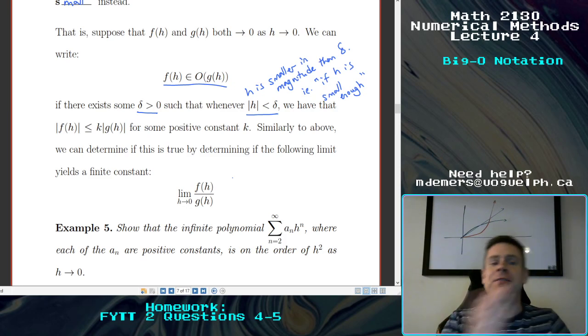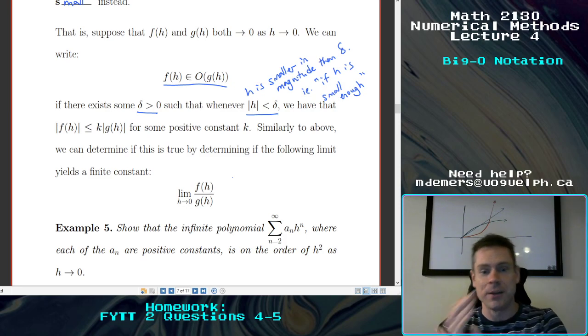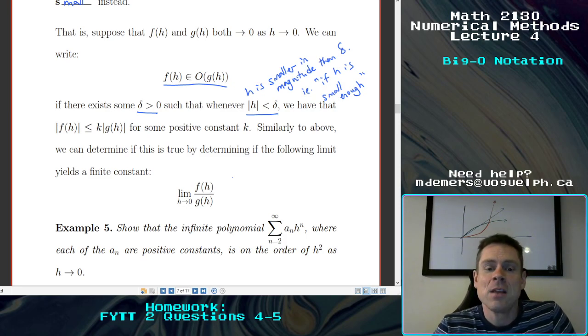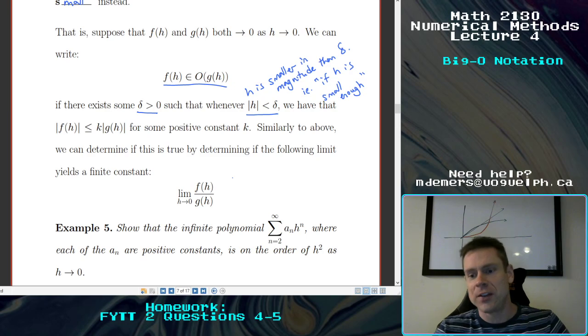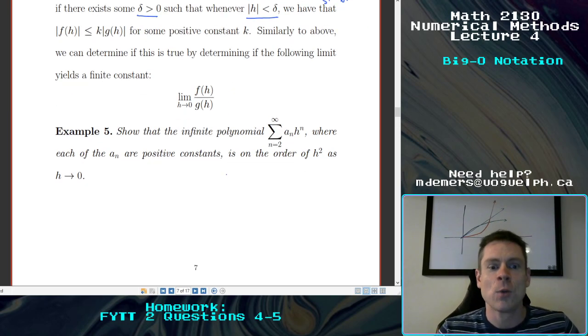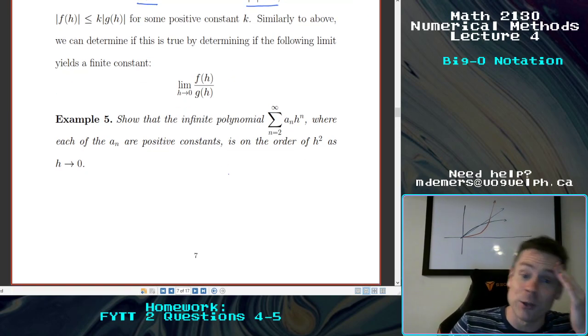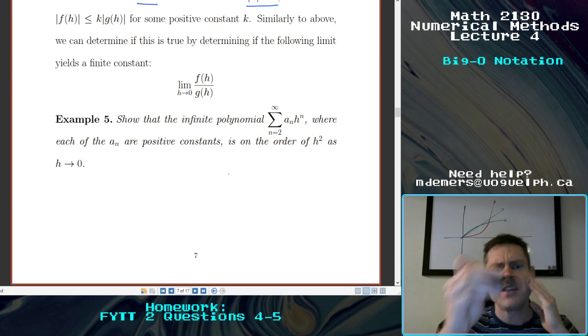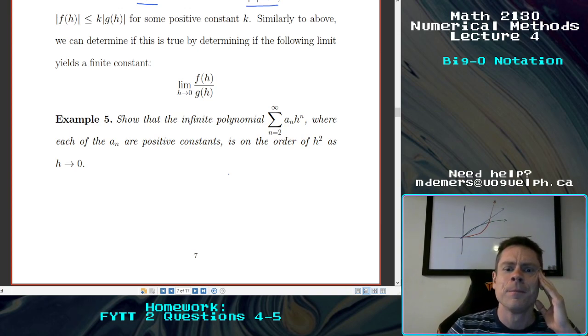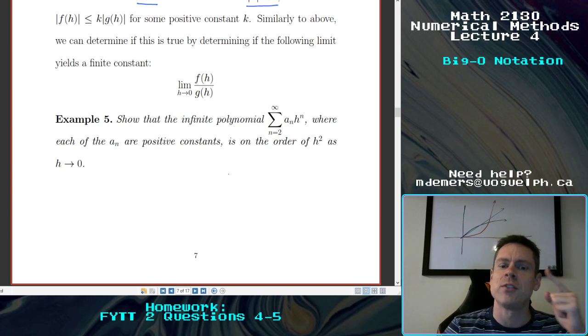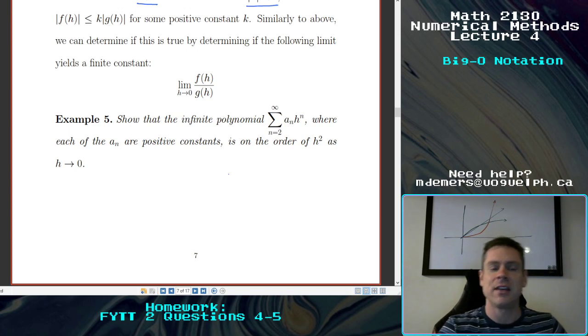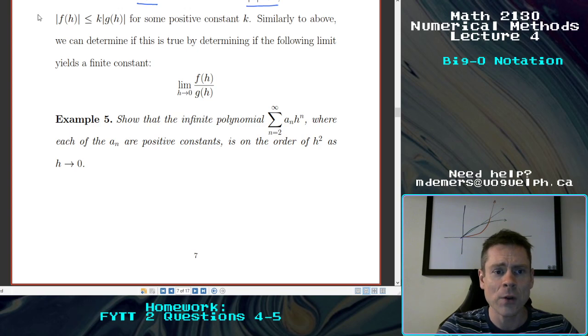And that's when you have that f is on the order of g. Okay, so really similar justifications, but a little bit different. We're going to show that the infinite polynomial right here, each of the a_n here are positive constants. This infinite polynomial we're going to show is on the order of h squared as h goes to 0. Okay, let's try it out.